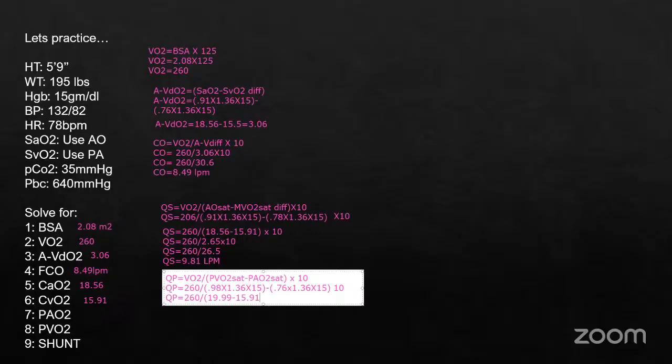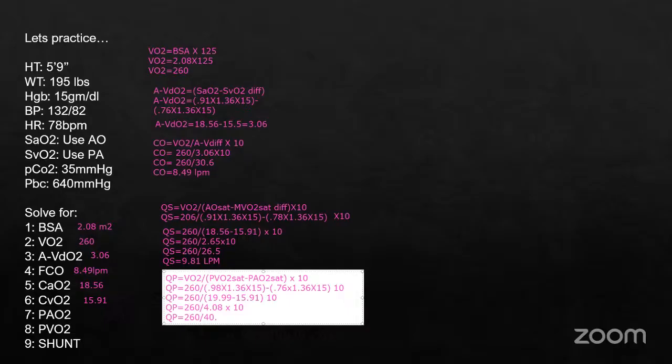I'm going to close my parentheses and then times 10. So I'm going to resolve for QP here: 19.99 minus 15.91 equals 4.08, times 10. I know it seems like forever, but it's going to be 40.8.